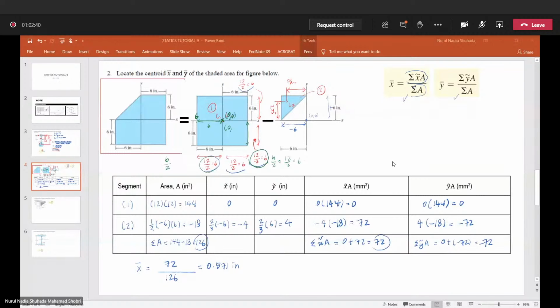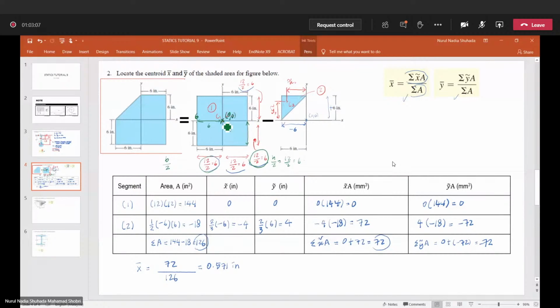Actually, your friend asked why we just write the coordinate instead of the length. It is actually the length, but with respect to the coordinate 0, 0. As you can see here, the coordinate of the axis is 0, 0, and your length is 0, 0. So if you minus 0, it is equal to 0.